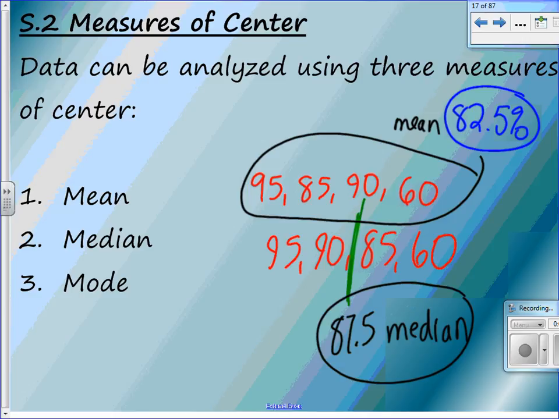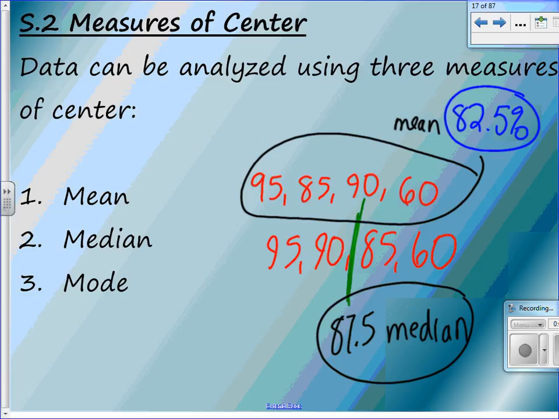All of these scores are considered when you calculate the mean. But what the median does is it balances out really, really low scores or really, really high scores and just shows you what the middle of the field looks like.